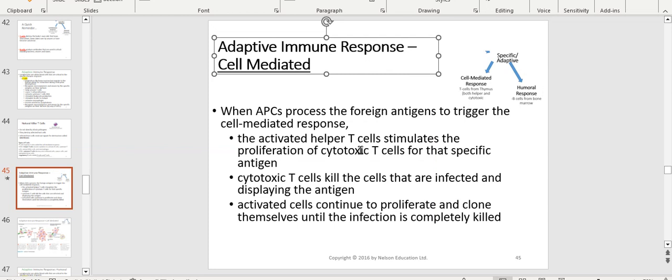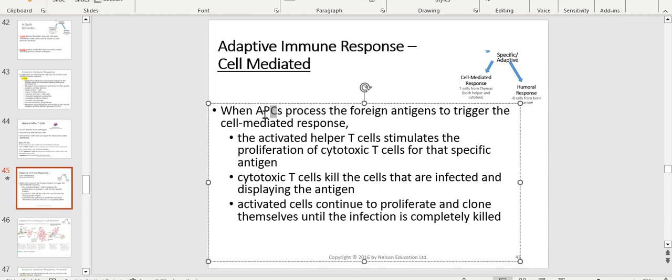I'll read that one again. The activated helper T cell stimulates the proliferation of cytotoxic T cells for that specific antigen. It's all about these antigen-presenting cells, right? Cytotoxic T cells kill the cells that are infected, our cells displaying the antigen.